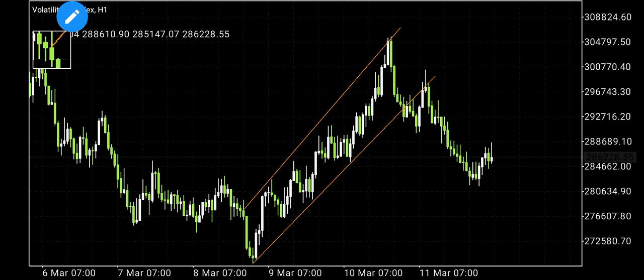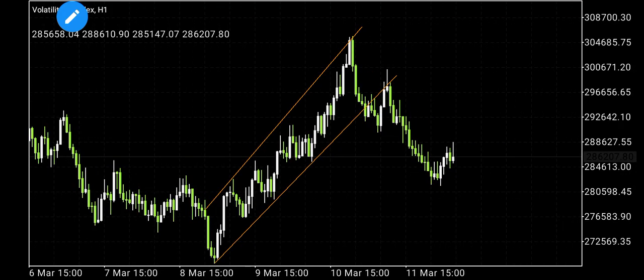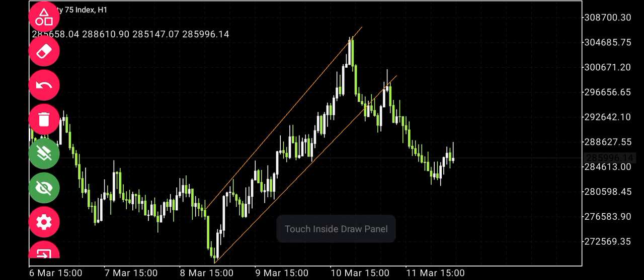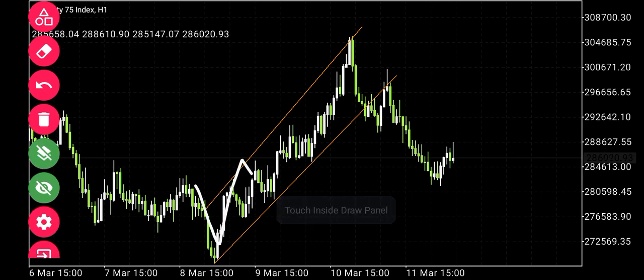All right, okay, so you see now at this point we have understood that this was a big correction move. Maybe price, after dropping all the way to the downside, now is trying to correct, you see.